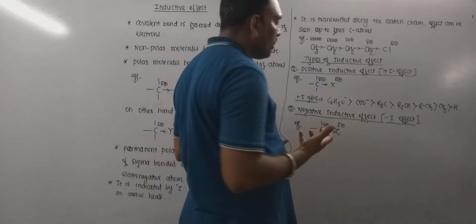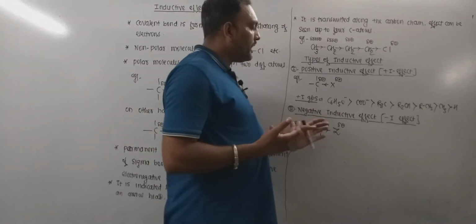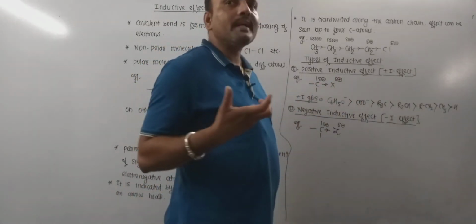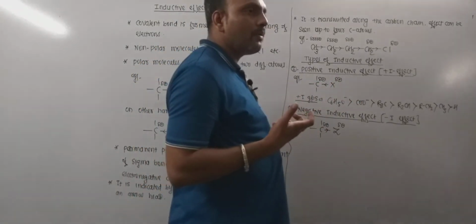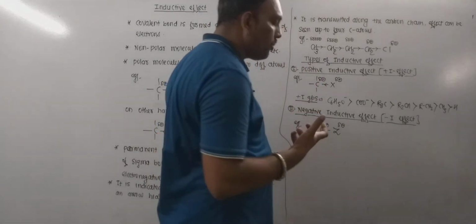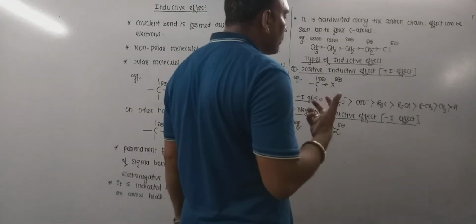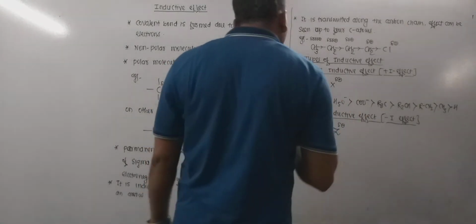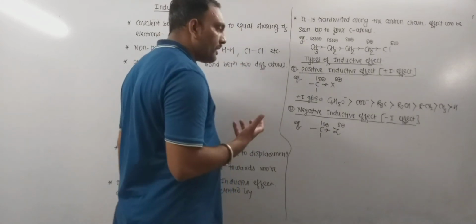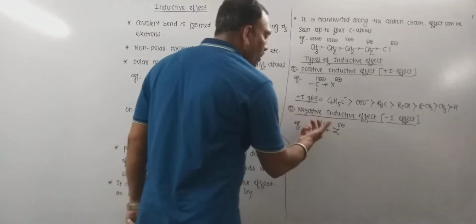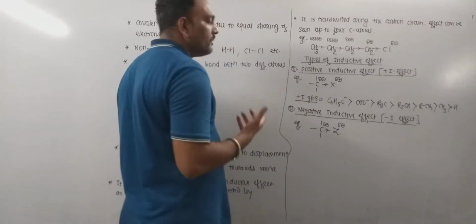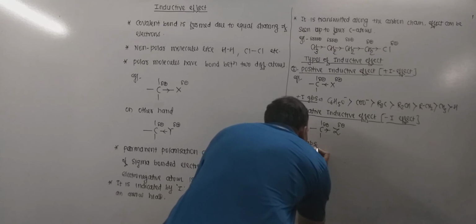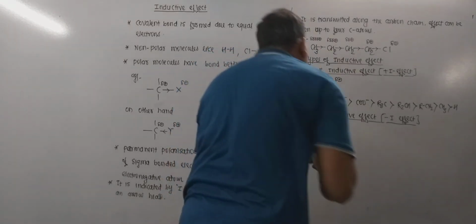Now it wholly depends upon the group instead of Z. The greater the tendency to attract electrons towards itself, I mean we are talking about that specific group, the more polarity that group will induce, and hence those groups which induce the minus I effect are called minus I groups. Now remember, minus I groups are electron withdrawing groups.